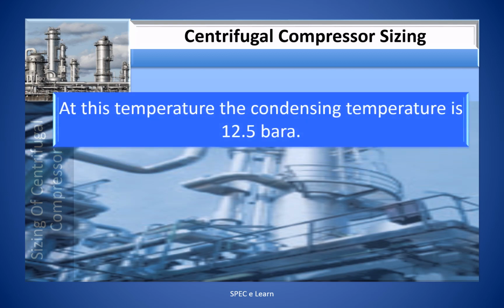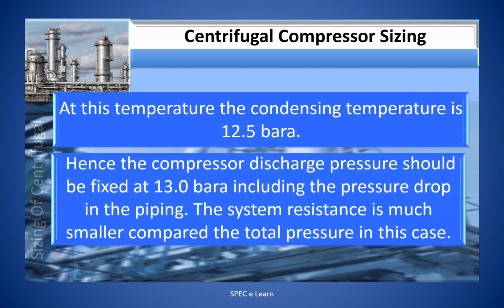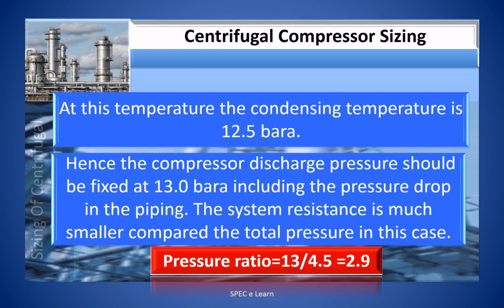At this cooling water temperature, the condensing pressure is 12.5 bar absolute. Hence, the compressor discharge pressure should be fixed at 13 bar absolute, including the pressure drop in the piping. The system resistance is much smaller or negligible compared to the total pressure in this case.